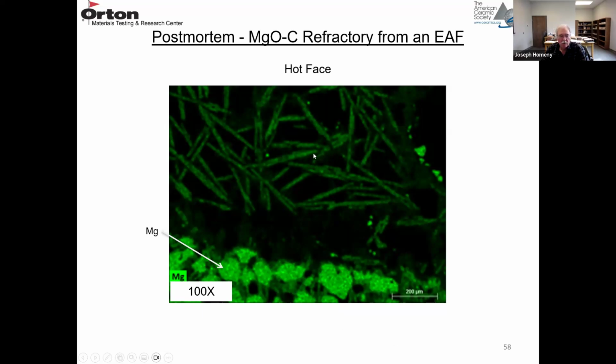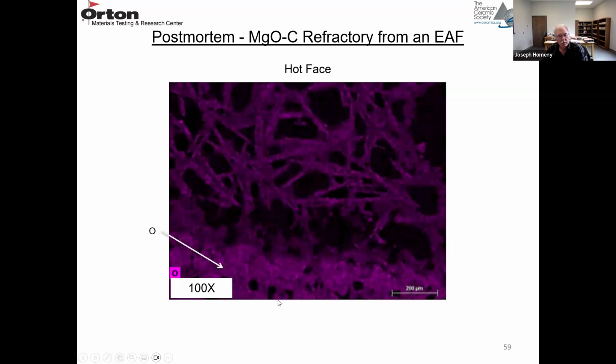And again, this is most likely merwinite or monticellite type crystals because there's lime, MgO, and silica present in the slag. The oxygen is in purple. So this is an MgO. You expect the oxygen there, and then the crystals have the higher concentration of oxygen.